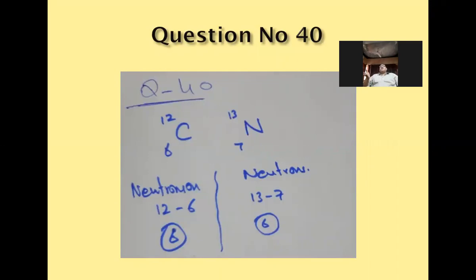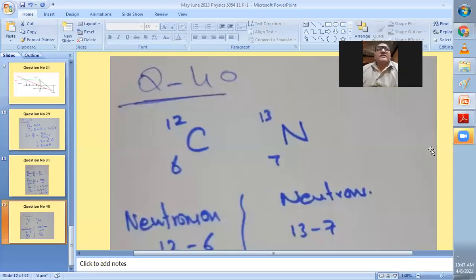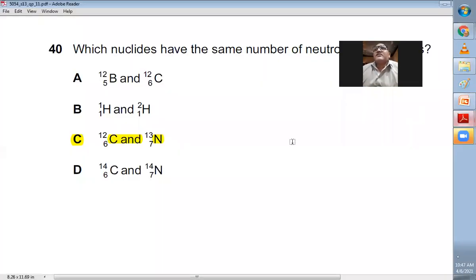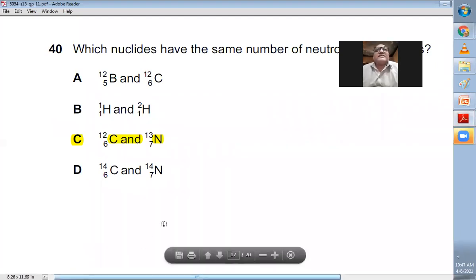Find the neutron number in both of them, which is the nucleon number minus the number of protons. The answer you get is the neutron number, 6 and 6, so this is the choice. The exact choice is C. So question number 40, C is the choice.